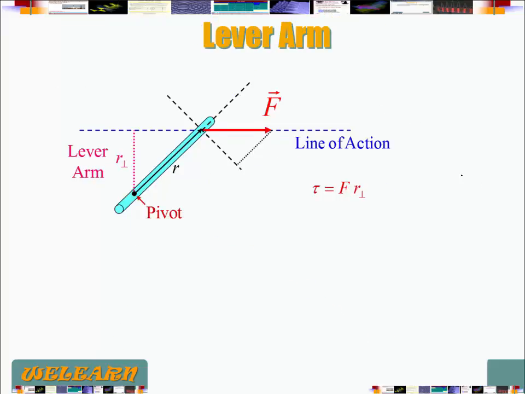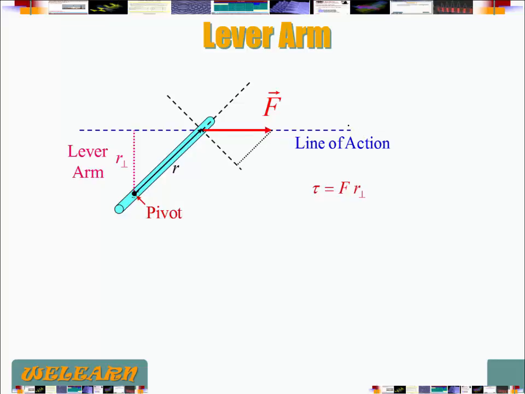And then let's look again at this particular example. So I have this rod here, and the pivot is in here. Now, if we exert a force F on that rod, the line of action is this dashed blue line.